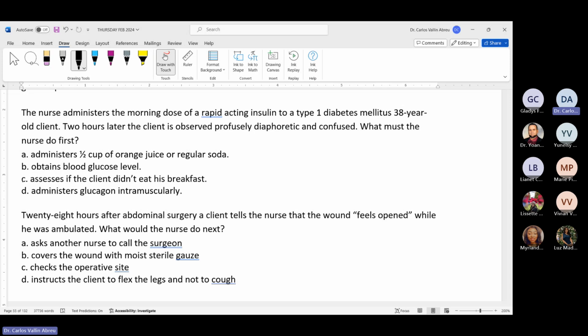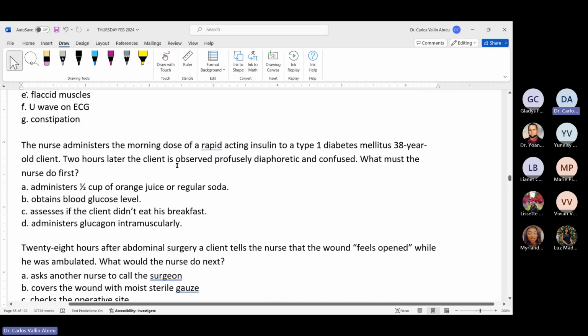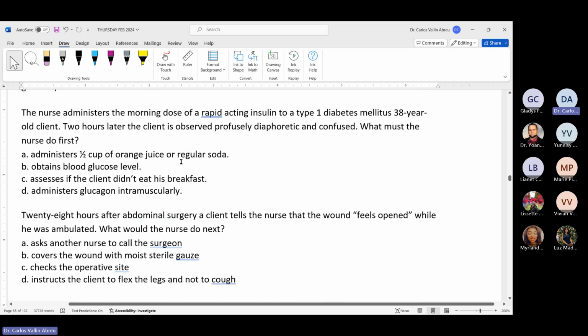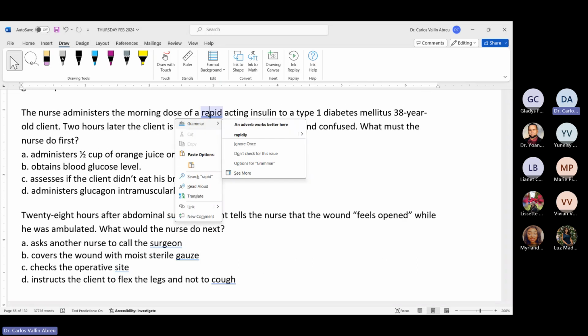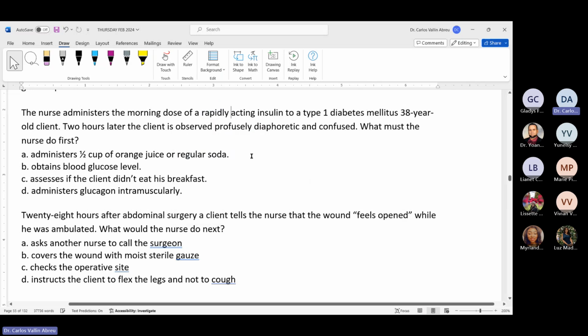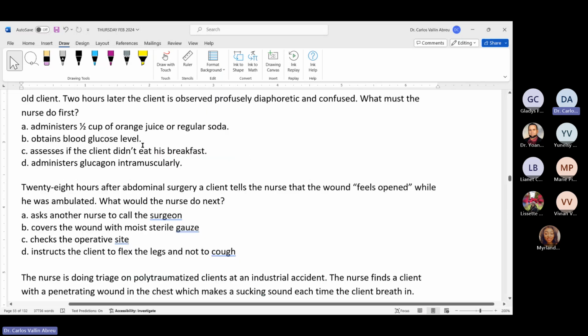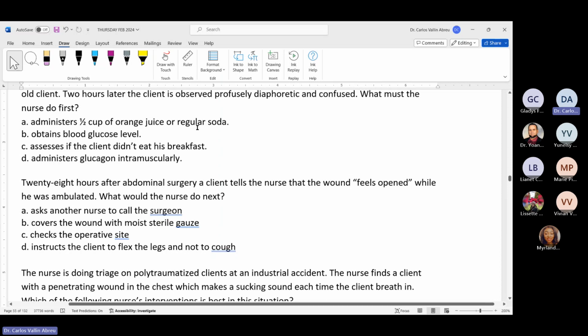What do you do first? You do the accucheck to verify that the jitteriness or whatever we suspect in the child that could be a manifestation of hypoglycemia is a real hypoglycemia. Okay, so it sounds like a silly question, but it's a question that you cannot afford failing in your exam.